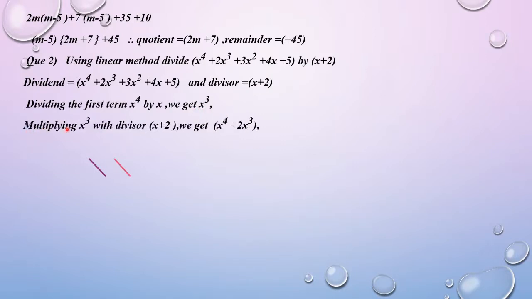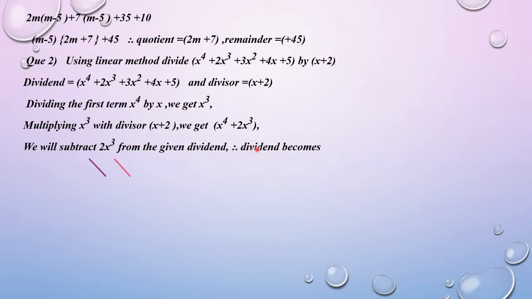Now we will multiply x^3 with the divisor (x + 2). So we get x^4 + 2x^3. We will subtract 2x^3 from the dividend.